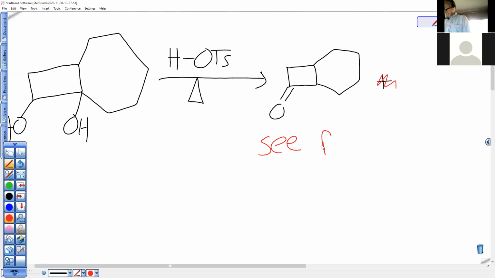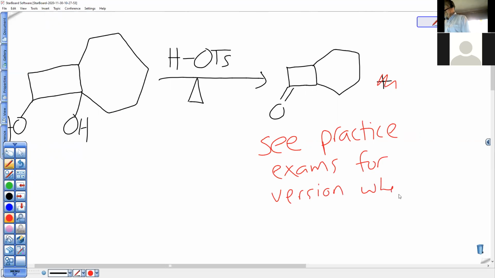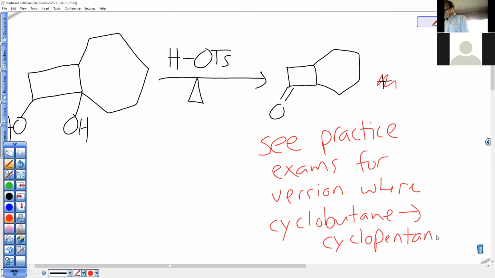Practice exams for versions where cyclobutane goes to cyclopentane. And you'll see it on almost every exam. I just didn't think ahead to get a nice example for you.